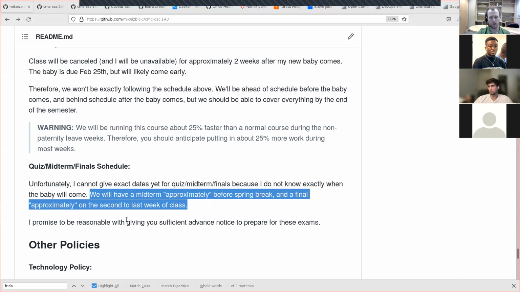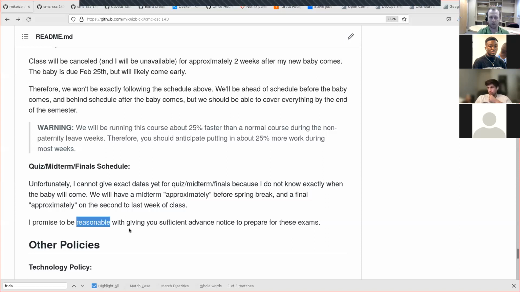But I will adjust these dates so that it is reasonable with however the leave period falls and gives you enough time to actually prepare for the exams. I promise that I will do my best to be reasonable with all that, but I can't give you exact dates. So those are things to keep in mind as you're planning for what the workload for this class is going to be like in comparison to other classes.